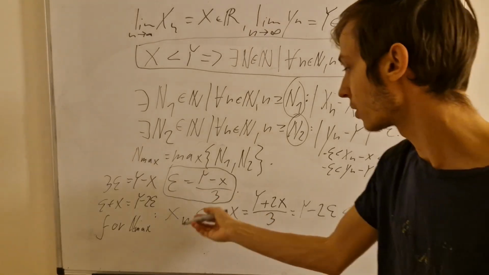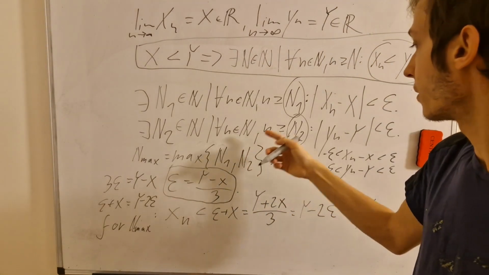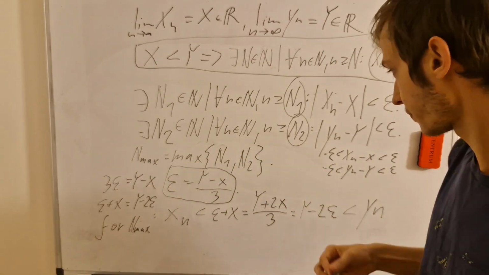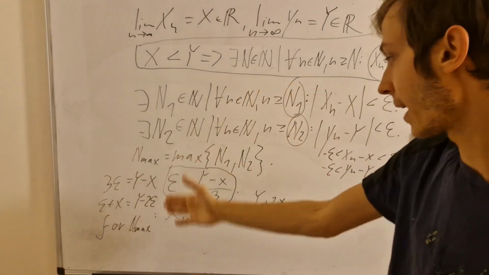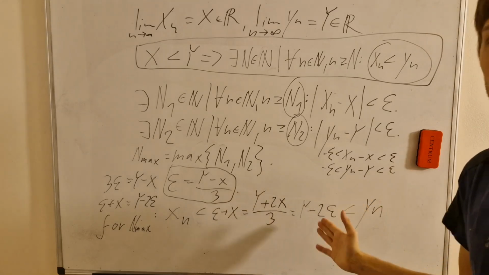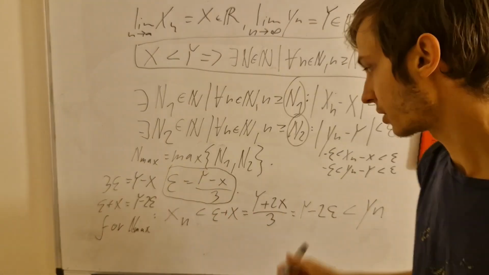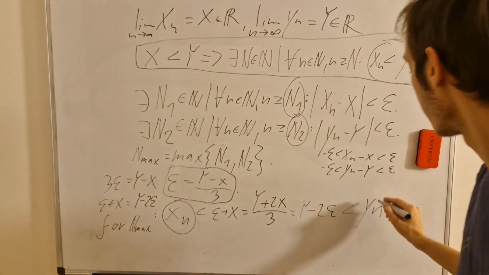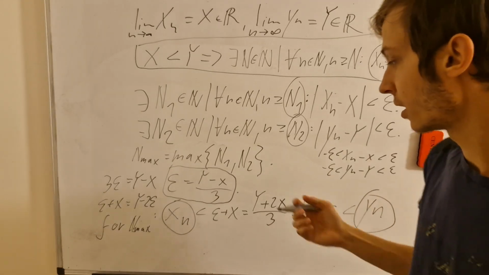Beyond some natural number, N1 or N2, well, we took the max, so we're safe for that. And so Y minus 2 epsilon is strictly smaller than y_n. And this is the main point here, because now we got x_n strictly smaller than y_n. That's the proof's main point.